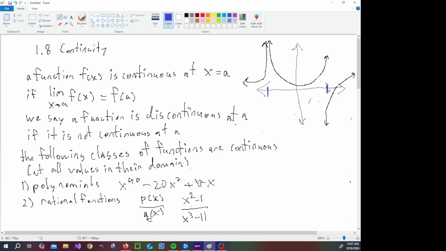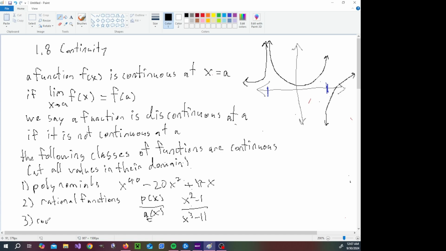So we don't even care that they're not continuous at that value because I can't plug that number into the function. So even though these are asymptotes, we still say they're continuous at all values in their domain. Okay, very good.